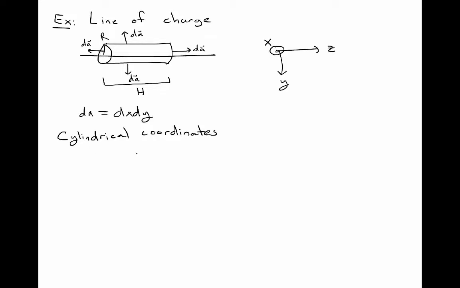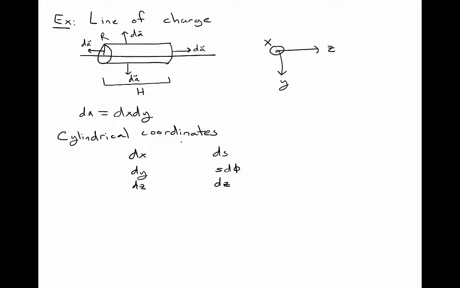So instead of dx, we have ds. Instead of dy, we have s dphi. Part of the way you can see that we need that s there is to see that the units need to work out, because dphi doesn't have units of length. dz stays dz though, no change there.